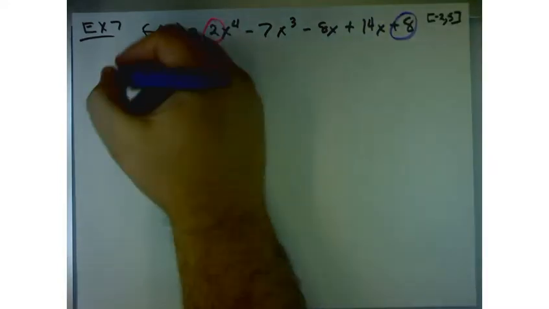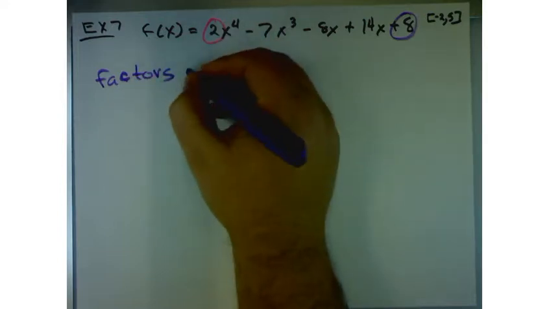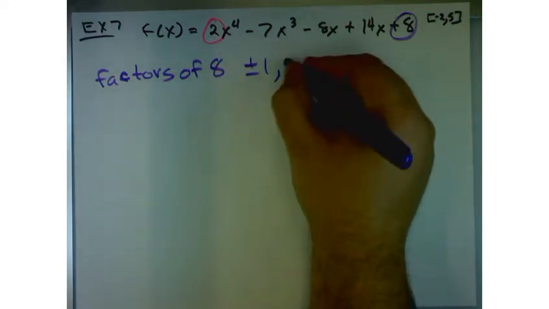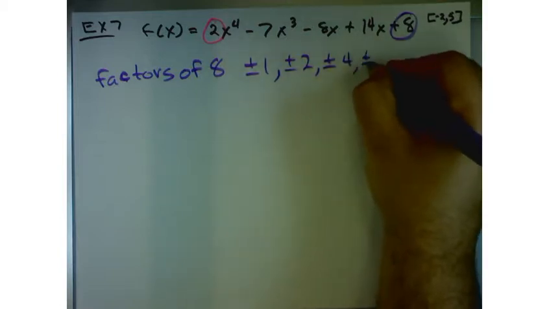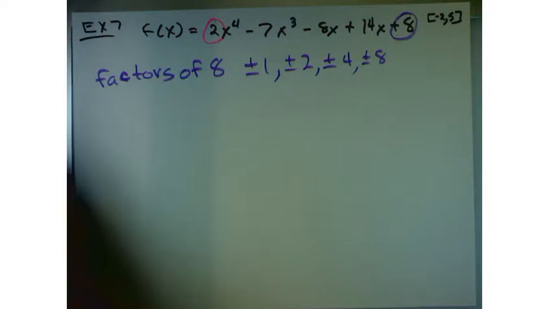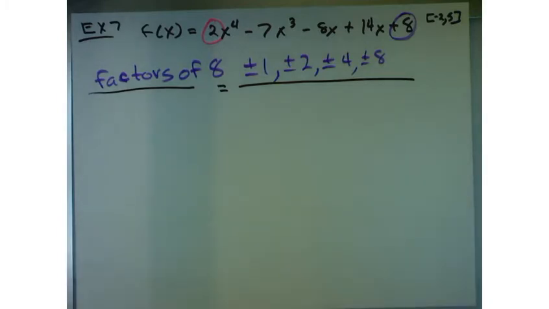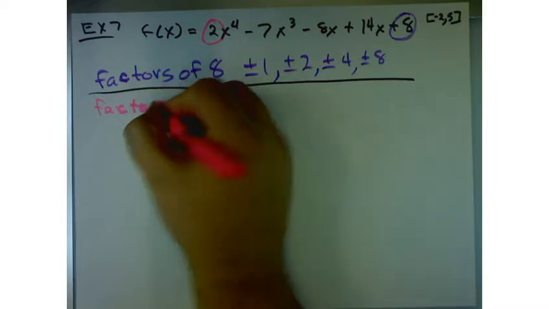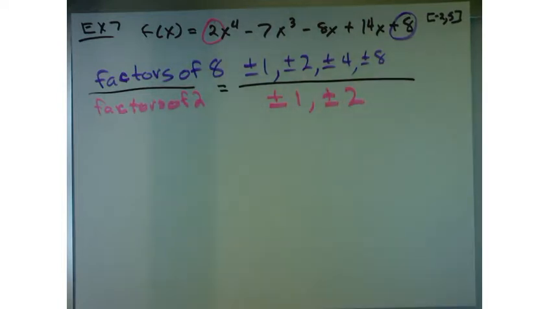So now, if I take the factors of the constant, which is 8, which would be plus or minus 1, plus or minus 2, plus or minus 4, plus or minus 8, and we're going to put those over the factors of 2, which is just plus or minus 1 and plus or minus 2. Any combination of those could be a possible solution.